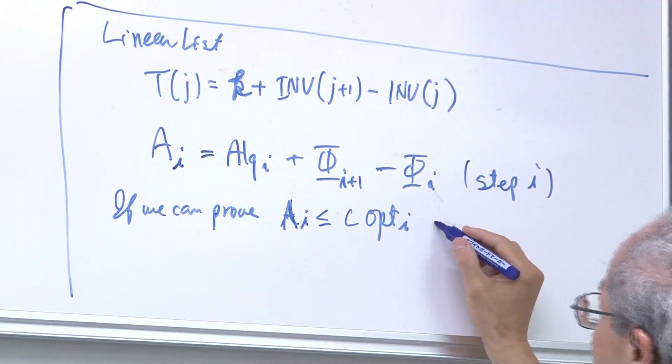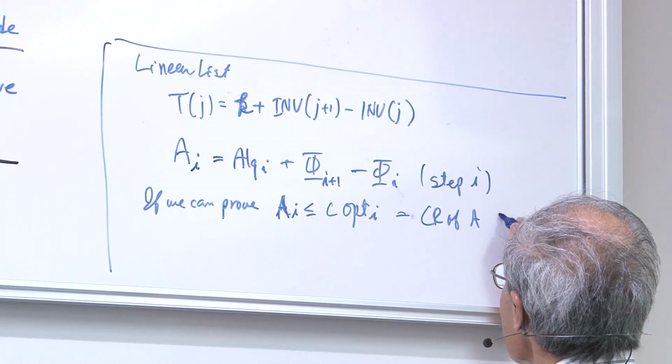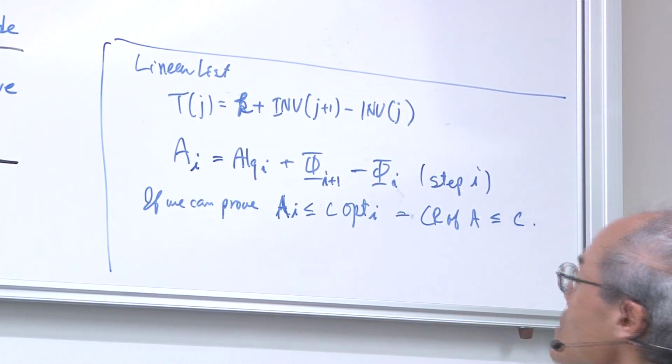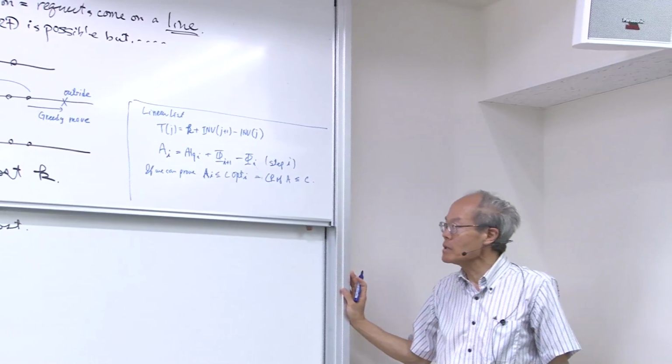Then the competitive ratio of algorithm A is at most C. Why?